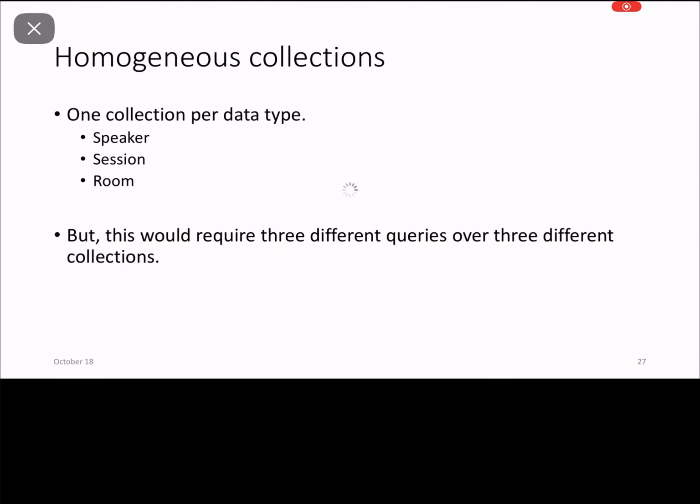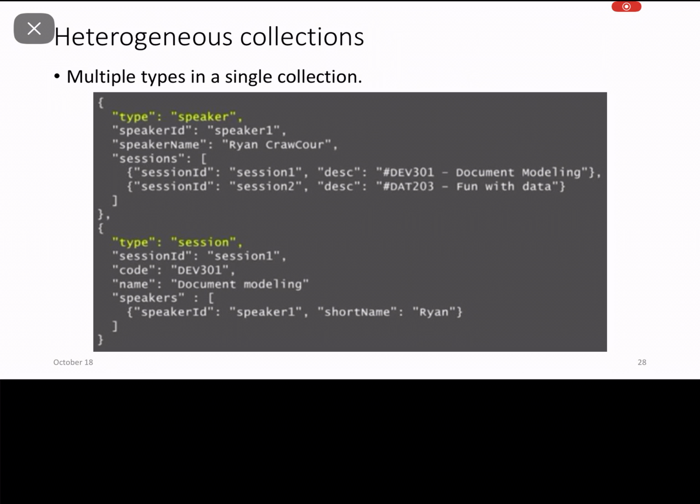Something very special is known as homogeneous collection. Usually we have homogeneous collections. Most NoSQL database providers believe in homogeneous collections: one collection per data type. However, there is something called heterogeneous collections, whereby inside a single collection you can have multiple data types.